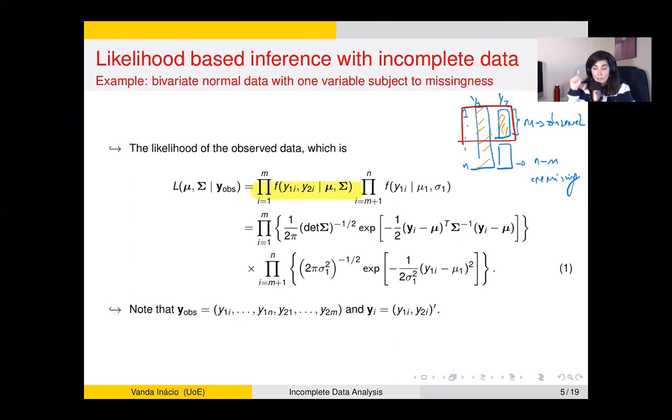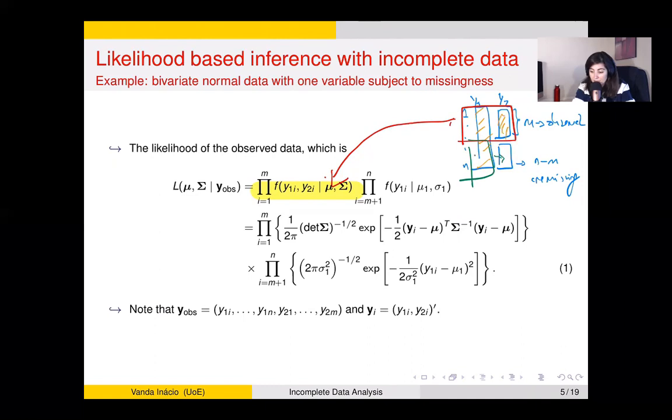This is what I have here in this first part of my likelihood. But then I still have this part here, the remaining n minus m observations in y1 that I observe, and so I need to include them in my observed data likelihood, but I do not have the corresponding y2 observations because they are missing.